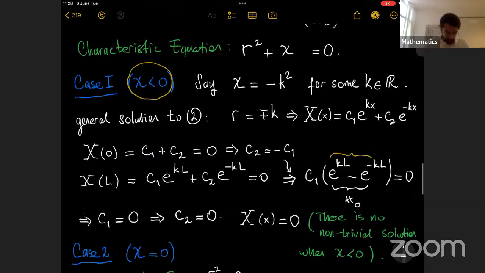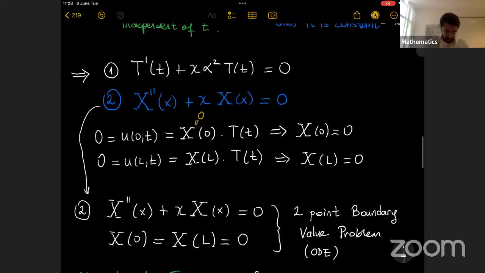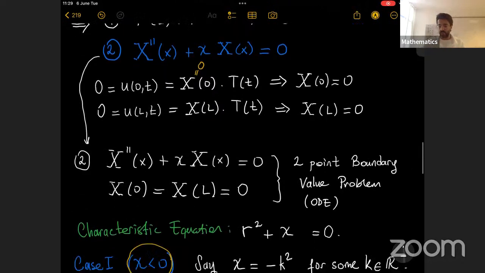Remember, originally we had two equations, number 2 here, number 1. So we return to the first one now and solve it with this lambda, right? Because when lambda is equal to that number, we have a non-trivial solution for number 2 here. So we will choose lambda like this and solve the first one, okay?